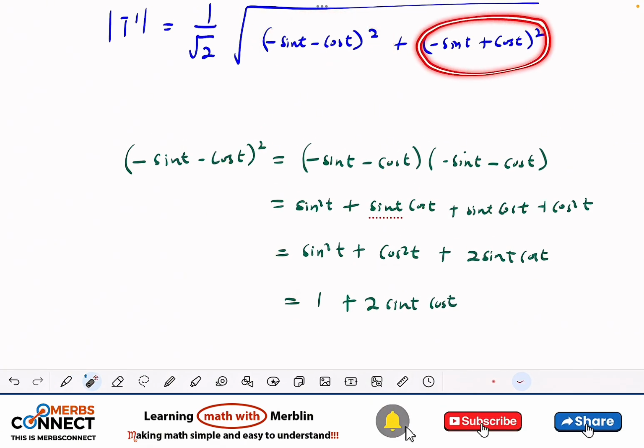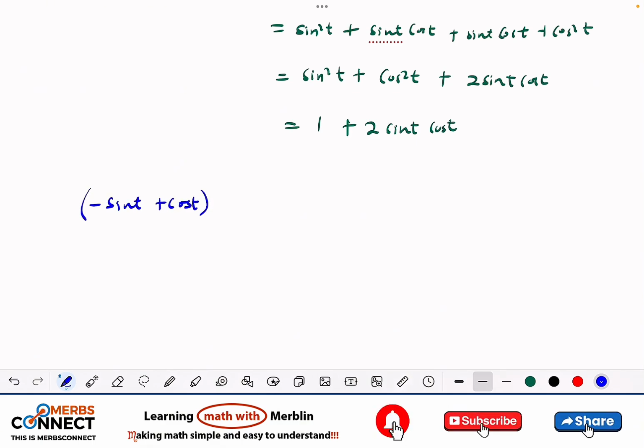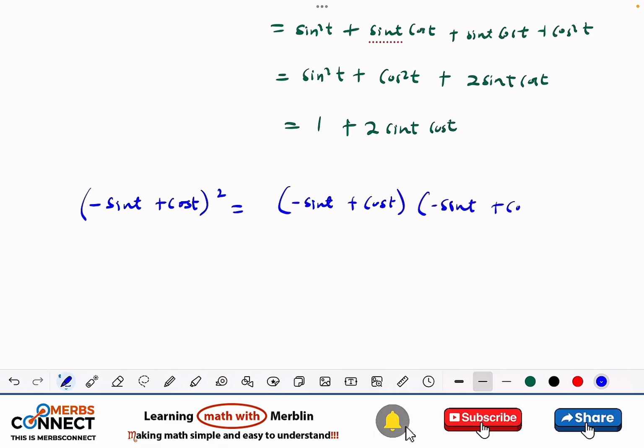Let's try this one too. So this one is minus sine t plus cos t squared. So this is minus sine t plus cos t, then minus sine t plus cos t. Let's simplify them.